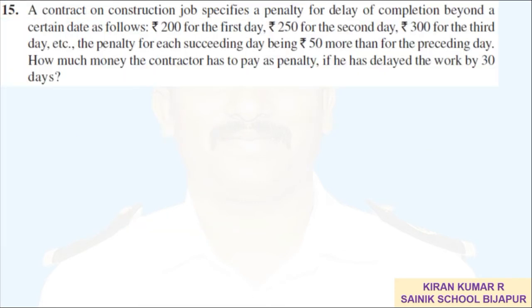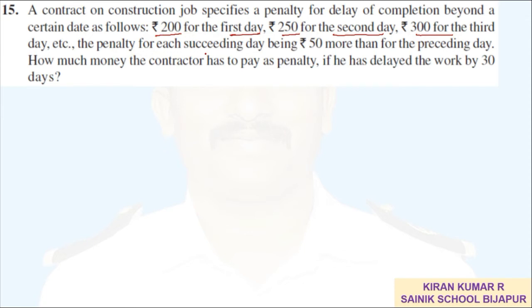Next question, it's a word type question. A contract on a construction job specifies a penalty for delay of completion beyond a certain date as follows: rupees 200 for the first day, rupees 250 for the second, 300 for the third, and so on.